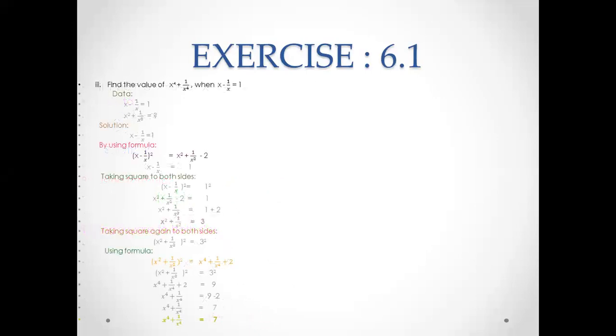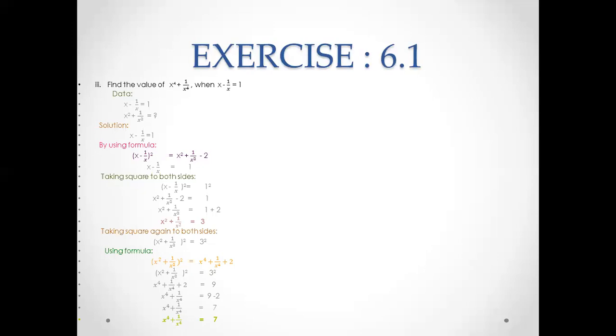In this, again x − 1/x is given, but we need x⁴ + 1/x⁴. The unknown power is x⁴. The first step will be the same. We take the square of both sides. x − 1/x is equal to 1. (x − 1/x)² is equal to 1².